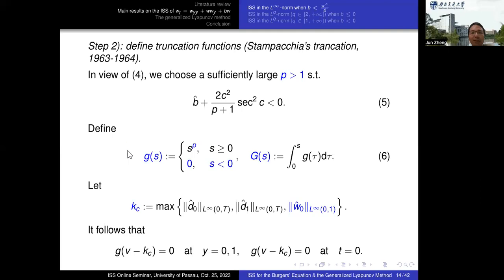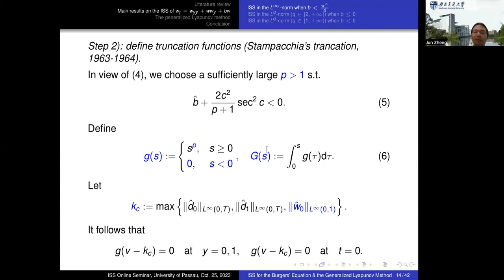Then we can define the truncation functions g(s) and capital G(s). These two functions are both differentiable, and they both vanish when s is less than 0. That is to say, the functions g(s) and capital G(s) are both positive semi-definite.